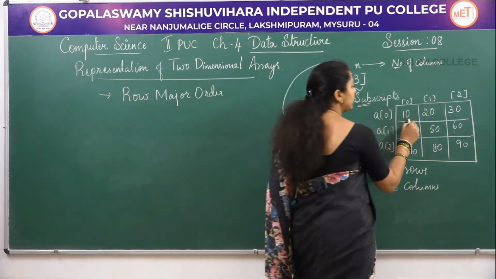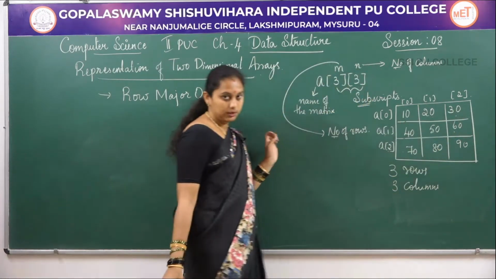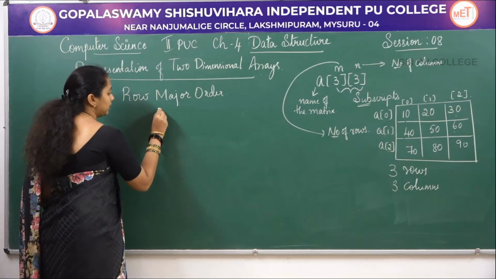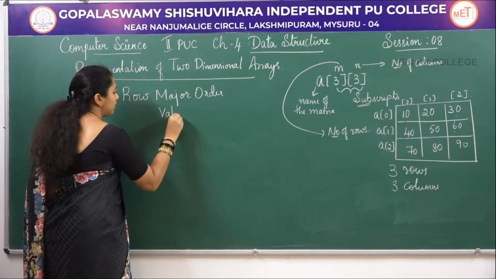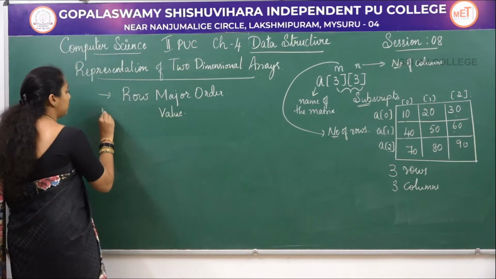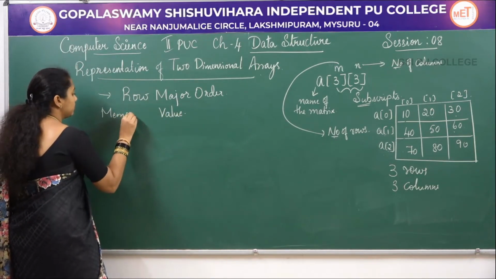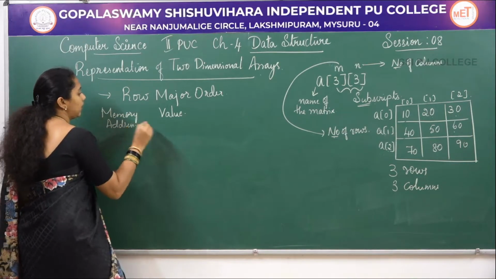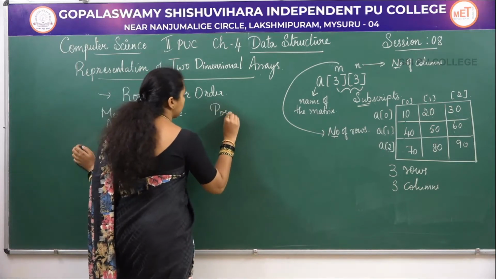The first row elements are 10, 20 and 30. So I am going to store the values, the memory address, and then the positions.